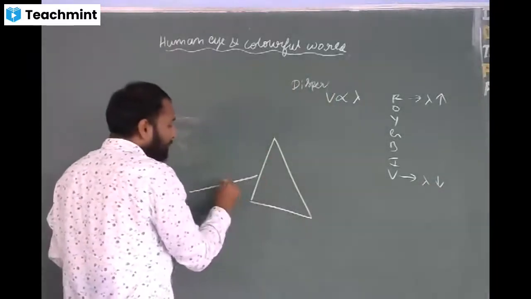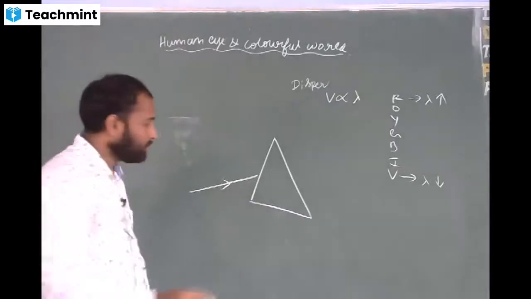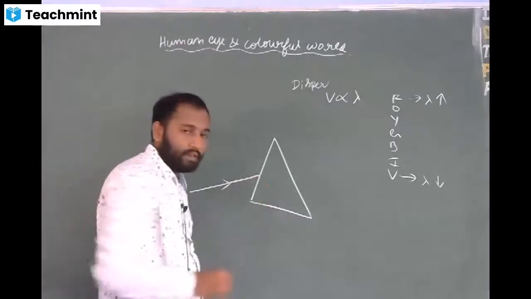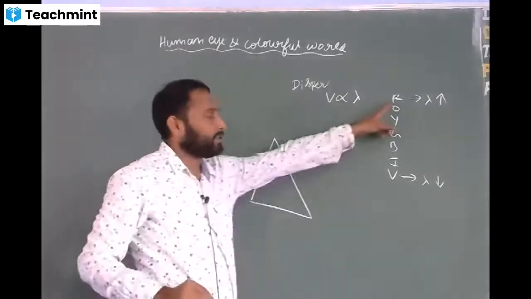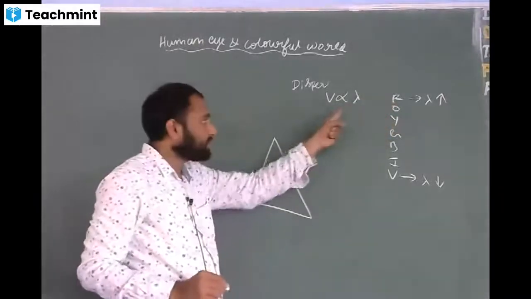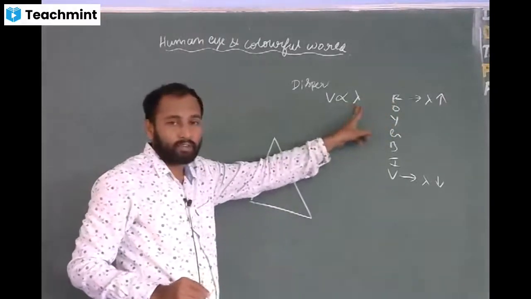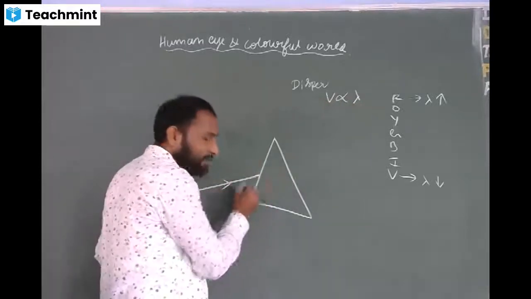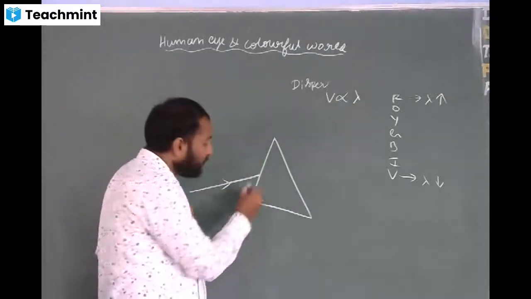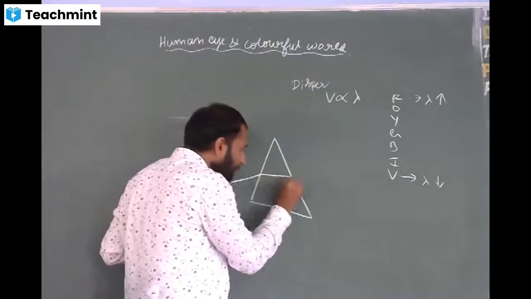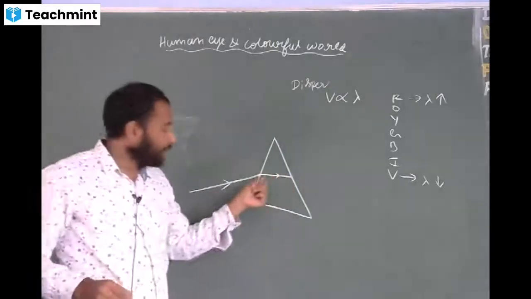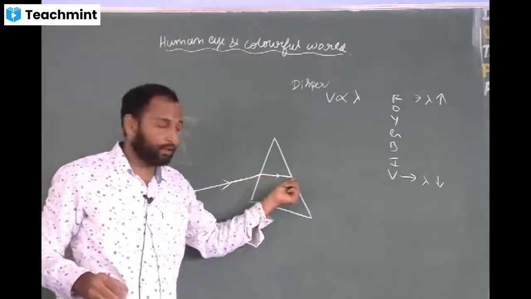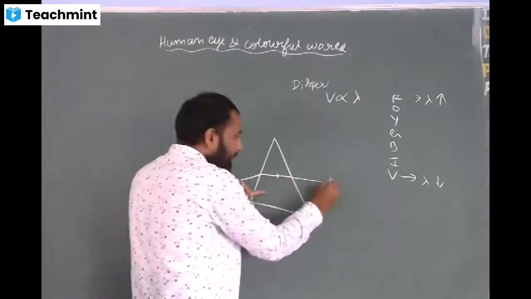When a beam of light enters the prism, red has a longer wavelength, so its speed will be more. As the speed of red is more, it will refract this way. This is the red color.